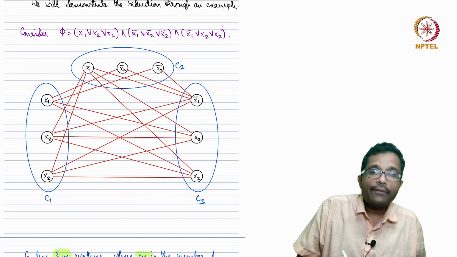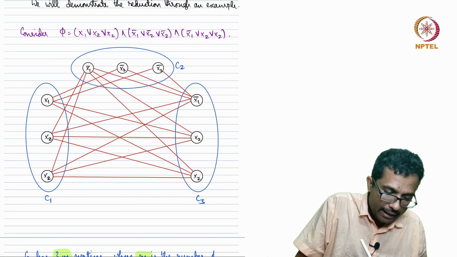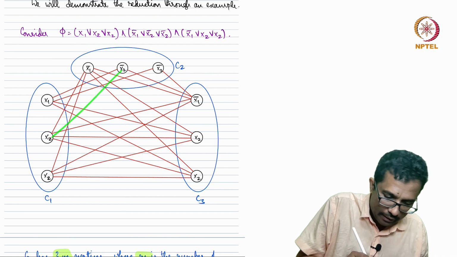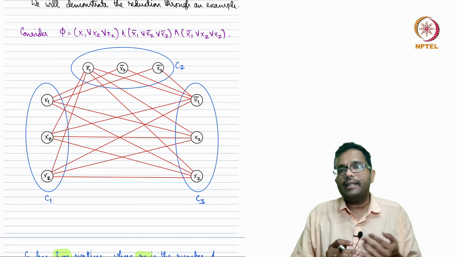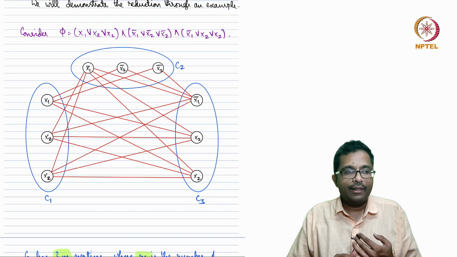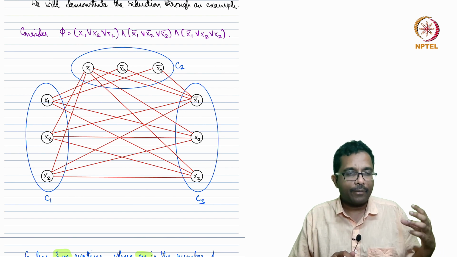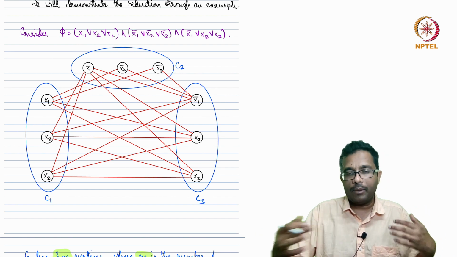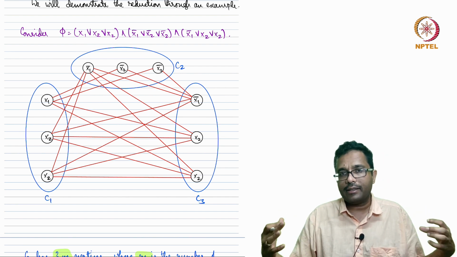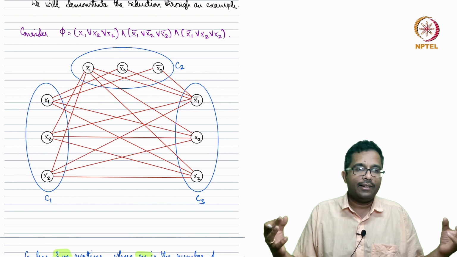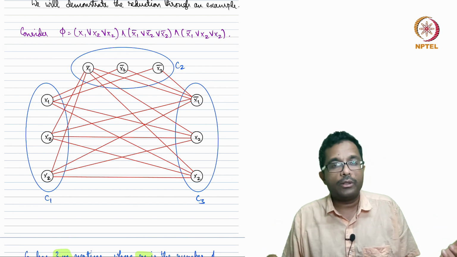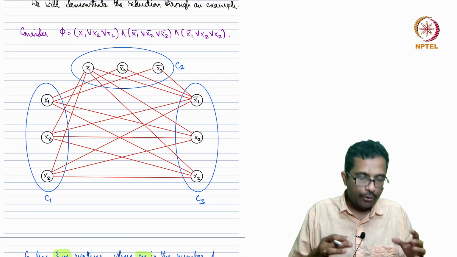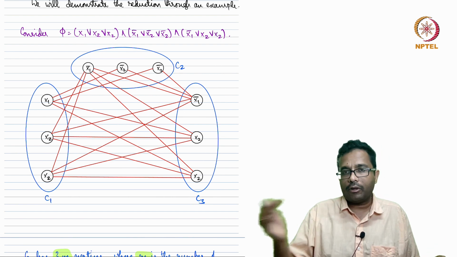Second is that we do not have edges from x1 to x1 complement, and x2 to x2 complement. Basically for any variable i, we do not have edges from xi to xi complement. In other words, x1 and x1 complement are directly conflicting literals and cannot both be true. Corresponding to that, I don't want to put an edge between these conflicting things.